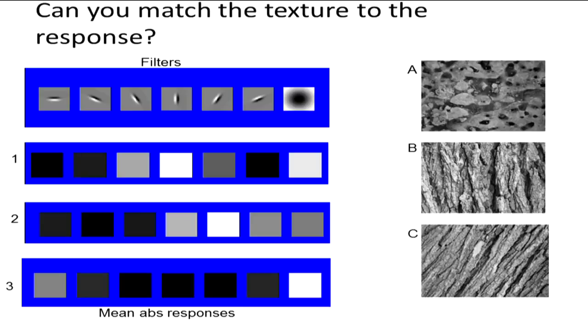Even just computing the means of a whole bunch of filters, if you have 7 filters, it's like 7 numbers per image. Even using these 7 numbers, you plug them into a classifier like SVM or whatever, and you can already do a surprisingly good job at recognizing images with different textures.